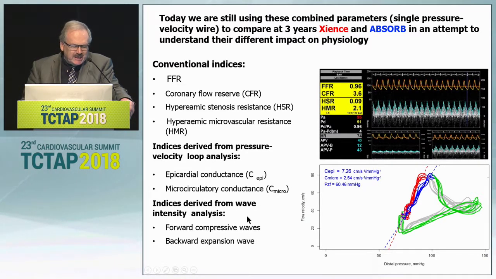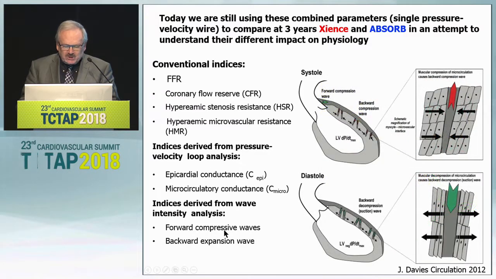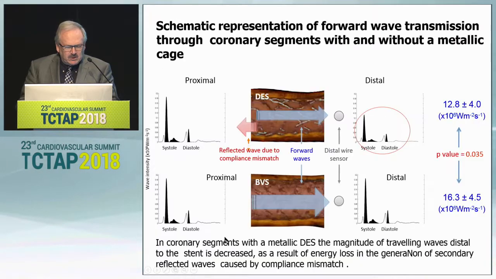And today, individuals like Justin Davies and Gabriel Scanet are even looking at forward compressive wave and backward compressive wave. This is a cartoon illustrated from their paper showing that you could assess these parameters on top of what has been developed over the last 15 years.